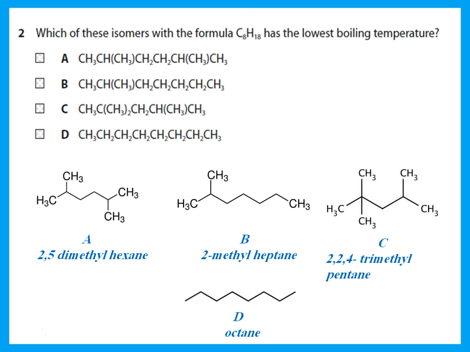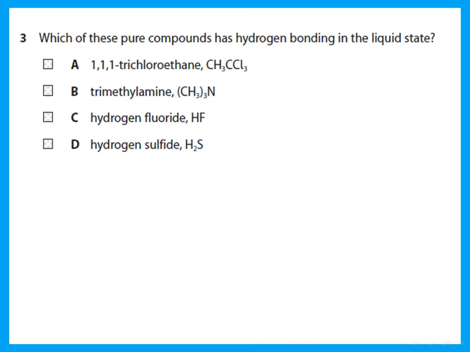You can see that structure C is the one that has more branching. So this would be the one that has the lowest boiling temperature. If he's looking for which one has the highest boiling temperature, it would be structure D, because this is the one that is a straight chain. A straight chain will have a higher boiling point than a branched chain.